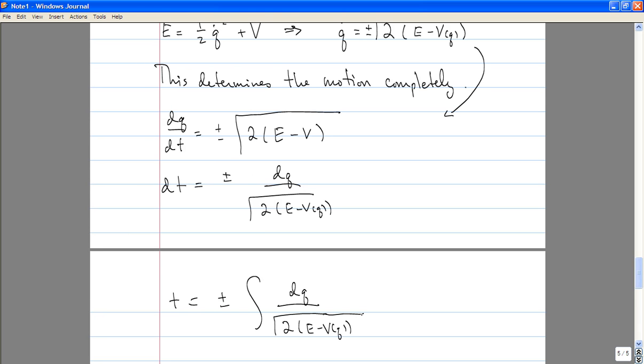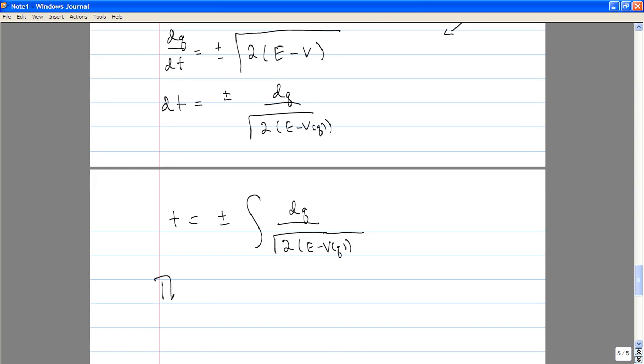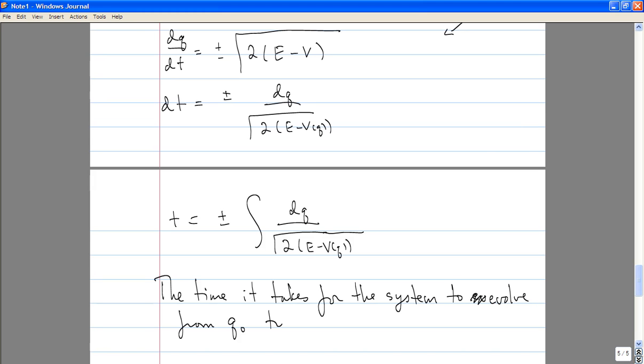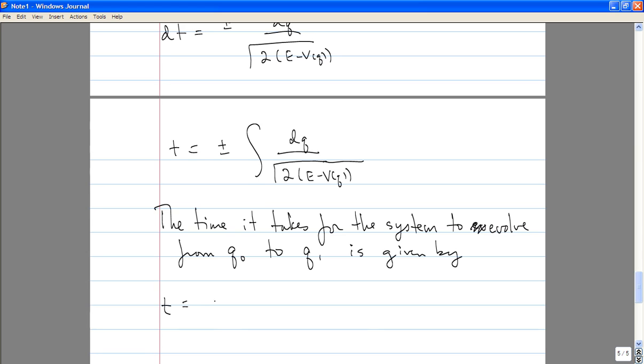Just to be a little more explicit, the time it takes for the system to evolve from a position q0 to another position q1 is given by the integral of q from q0 to q1, dq over the square root of 2(E minus V of q).